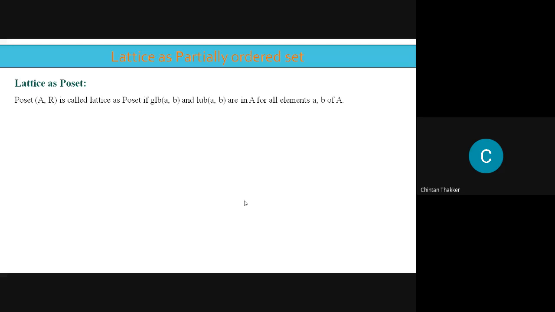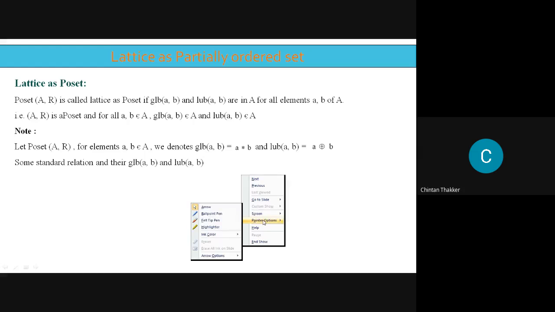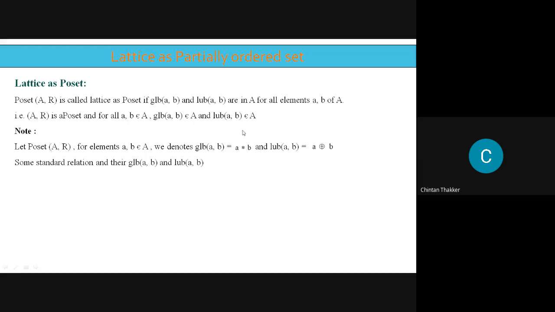Now, for a lattice, we denote the GLB of two elements A comma B by A star B. This is the notation for GLB, and this is the notation for LUB.